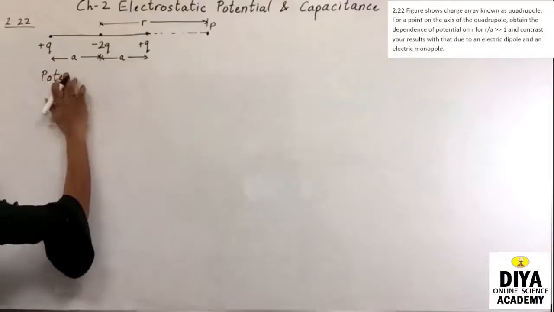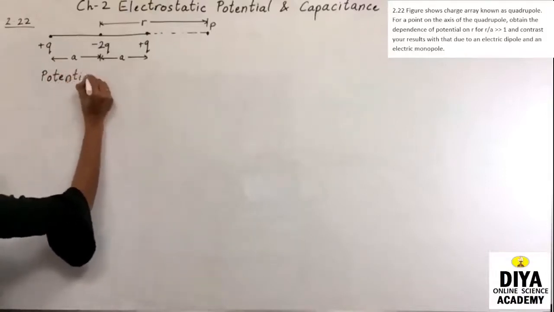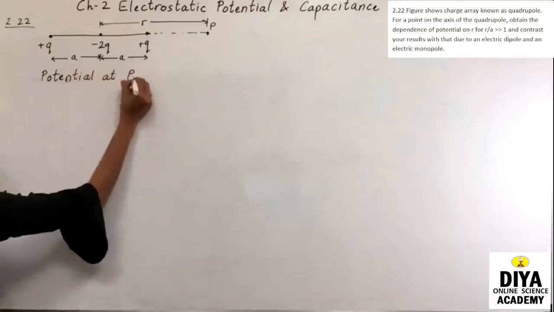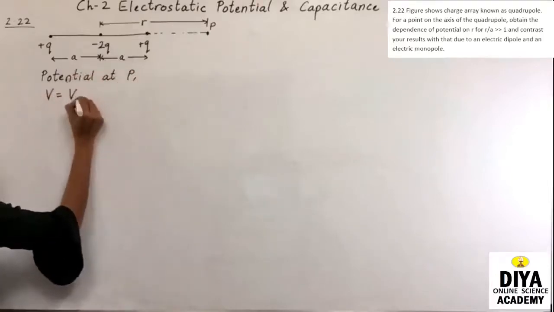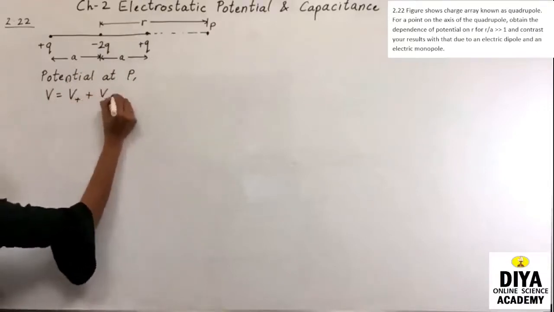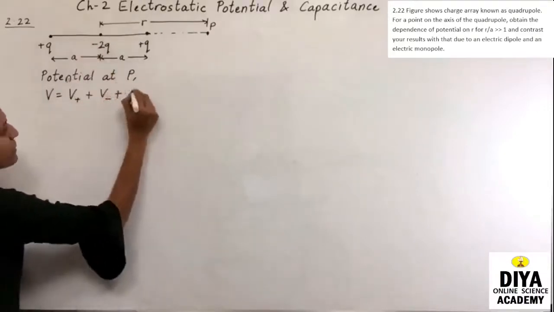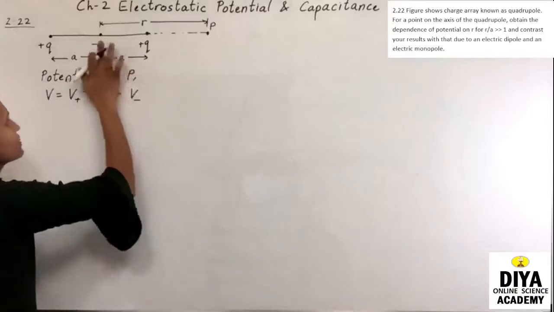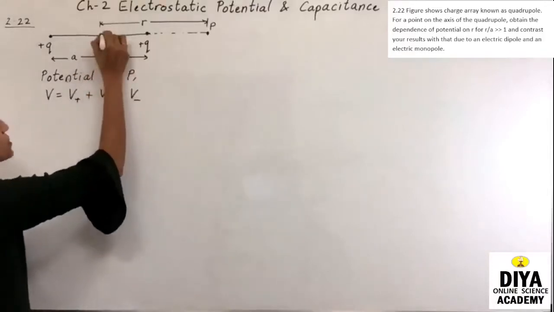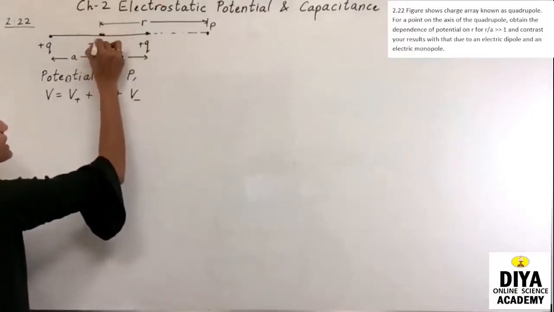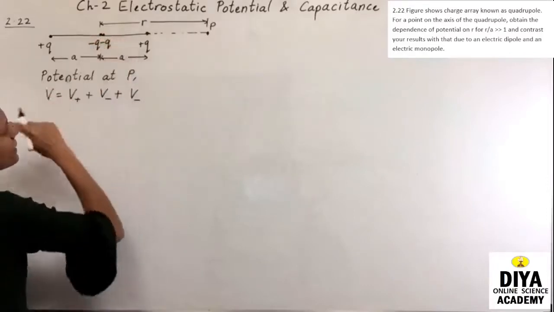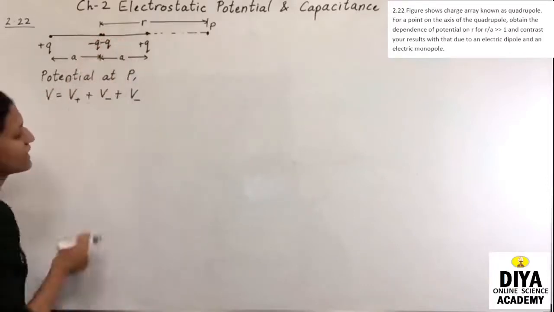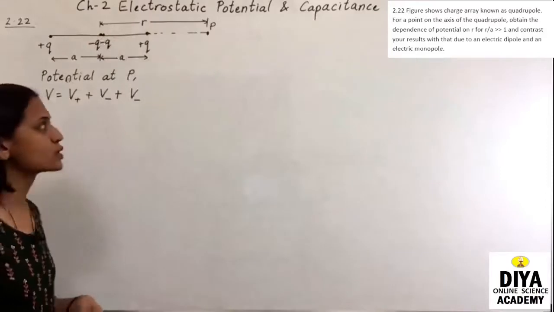So total electrostatic potential at P, V equals V plus, plus V due to a negative charge, plus V due to one more negative charge. Actually these two minus Q are overlapping each other, so directly we can also write minus 2Q.